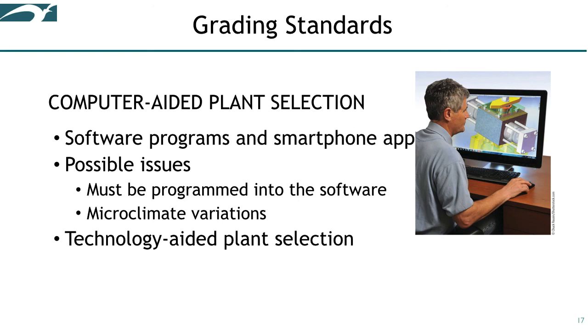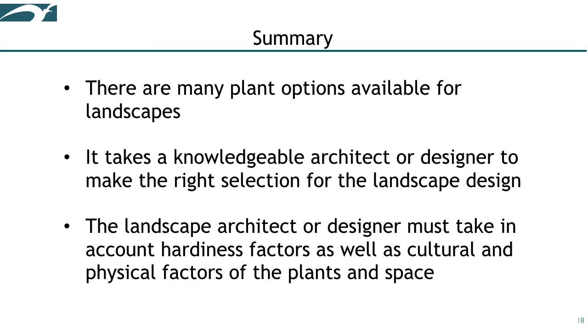If you're not sure, there are a lot of wonderful computer-aided programs out there. You can put on your smartphone, put in all the data information that's needed, and it will come up and help you select and choose the best plant for your area in your landscape design. There are many plants options available for landscaping.